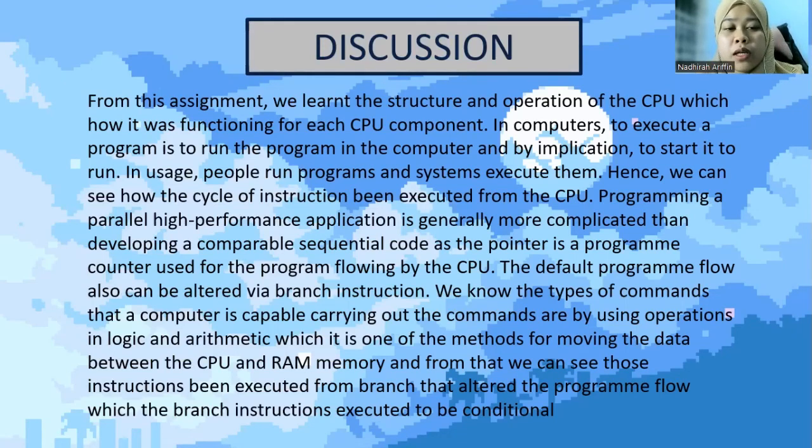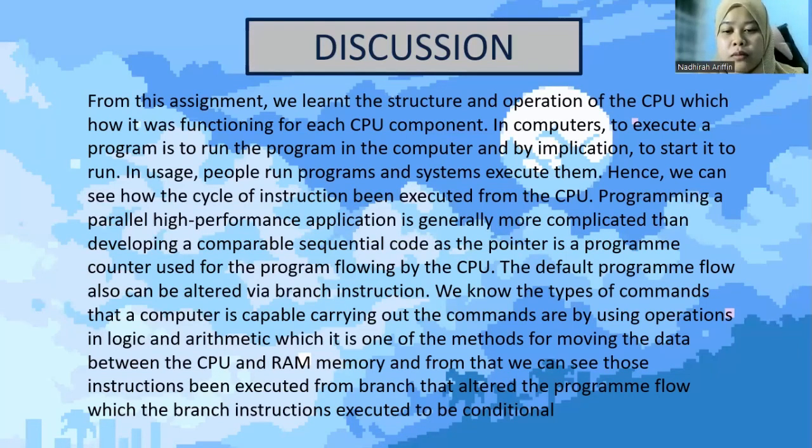Programming a parallel high-performance application is generally more complicated than developing a comparable sequential code. The program counter is a pointer used for the program flow by the CPU. The default program flow can also be altered via branch instructions, and then we know the types of commands that a computer is capable of carrying out.